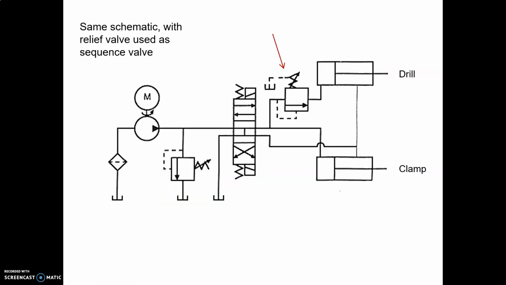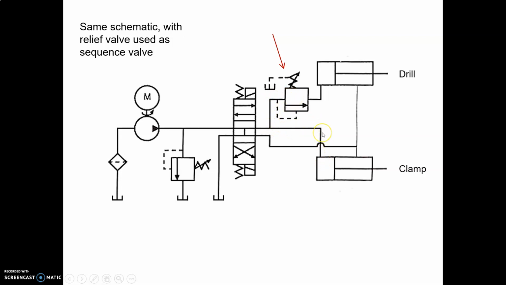Here is the same schematic where they've added a pressure relief valve to use as a sequencing valve. So now oil from the pump comes in here and activates the clamp cylinder, and the piston moves forward, it extends. And when it extends as far as it can go, you can see that this line here also connects to a pressure relief valve.